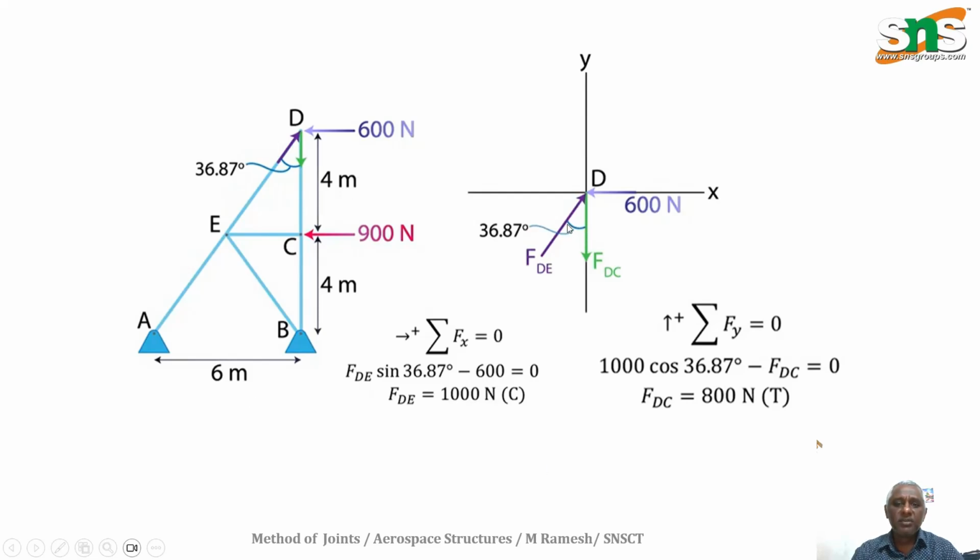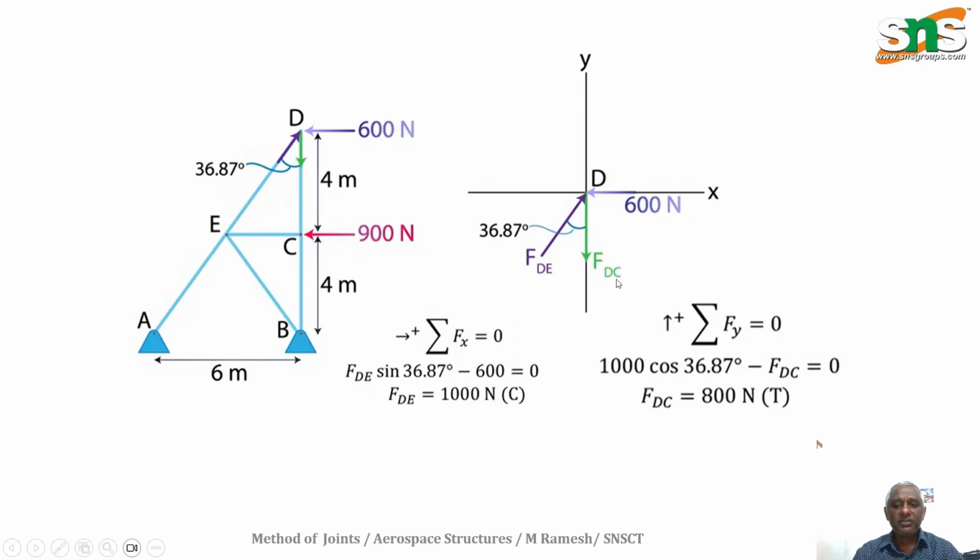So the horizontal component is FDE sin theta. Otherwise, if you take cos, that will be wrong. Substituting, we get FDE equal to 1000 Newton. It is compressive, so this is a compressive force.